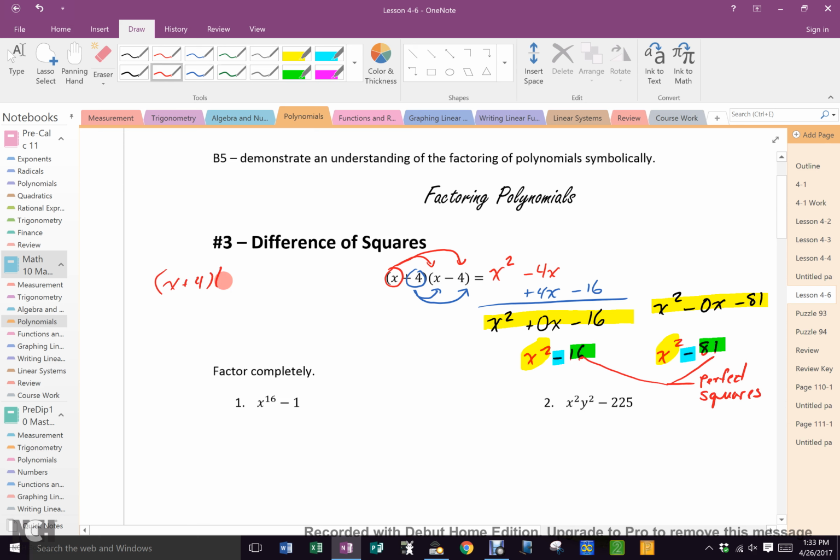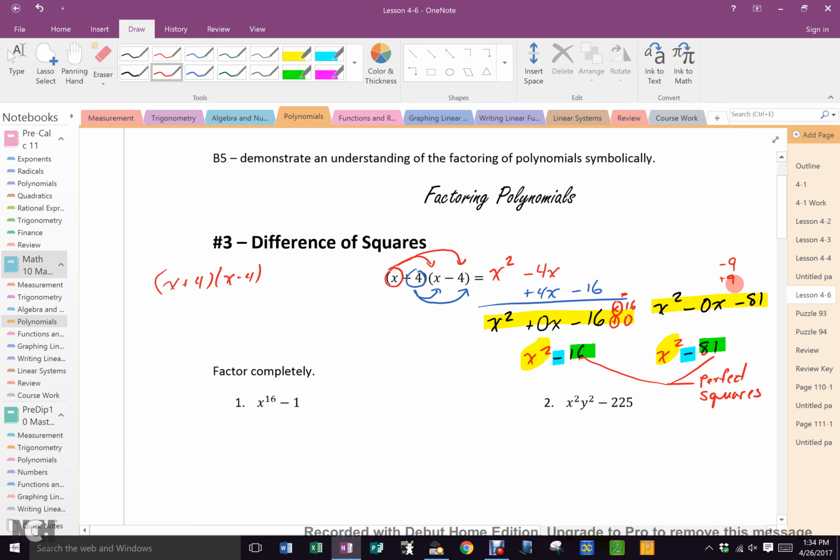4, x minus 4, correct? Because when we factored it this way, we remember from yesterday that we need numbers that multiply to -16 and add to 0, yes? And it was 4 and -4, right? And when we did 81, we knew it was -9 and +9, right?